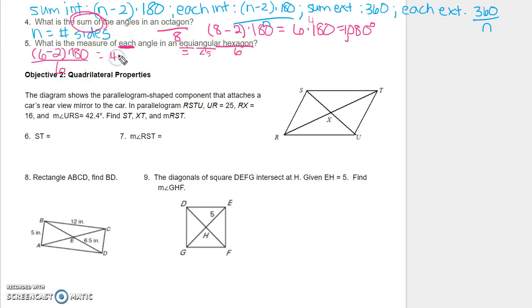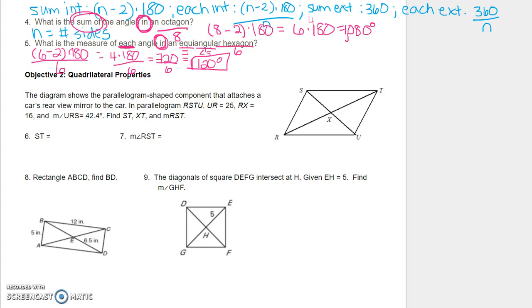So I get 4 times 180 over 6, which is 720 divided by 6. And each interior angle is going to be 120. Now, a lot of you in the preview confused interior and exterior. Here's that key word. It says it's in an octagon, in a hexagon. So that means it's interior.